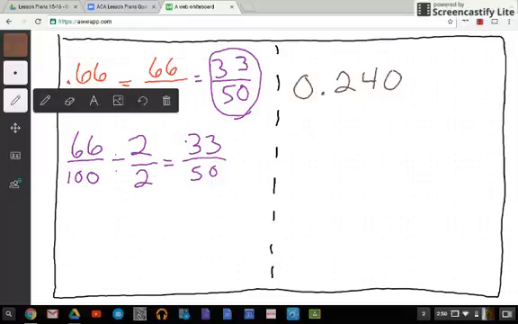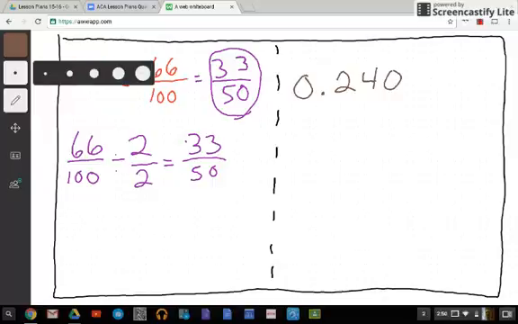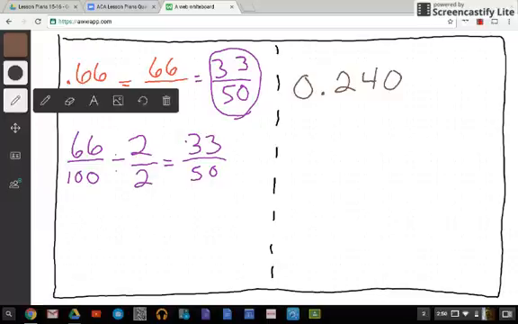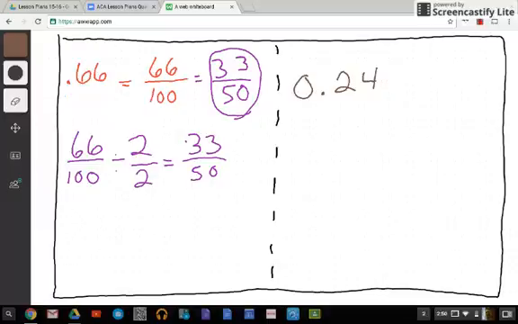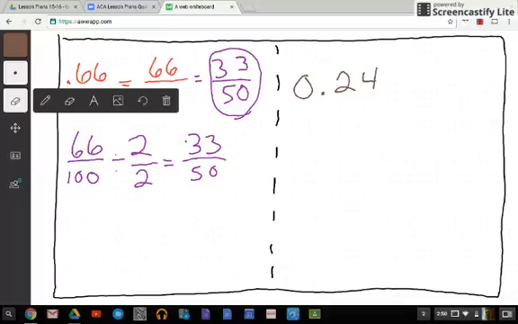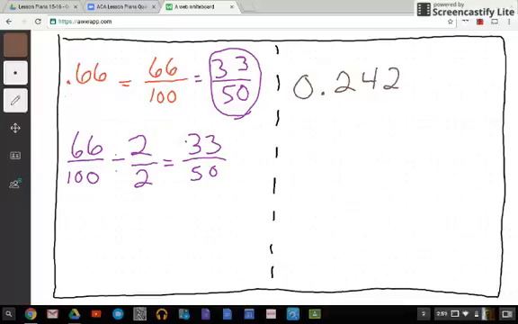I'm going to do you that favor. How about that? So let me get a little bit larger eraser and erase this thing right here. Get my pencil back. So 242 thousandths is the way I say that. So if I wrote it as a fraction, it would be like this.